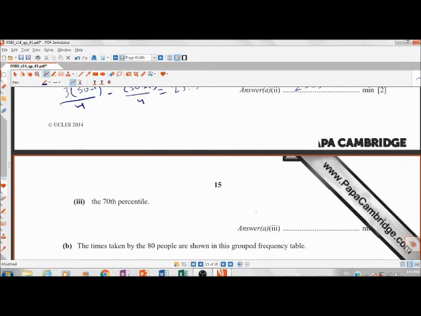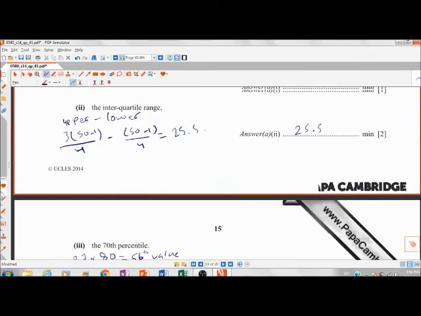The 70th percentile is basically 0.7 times the total number of people, which is 80. So that's the 56th value. So you go back to the graph.